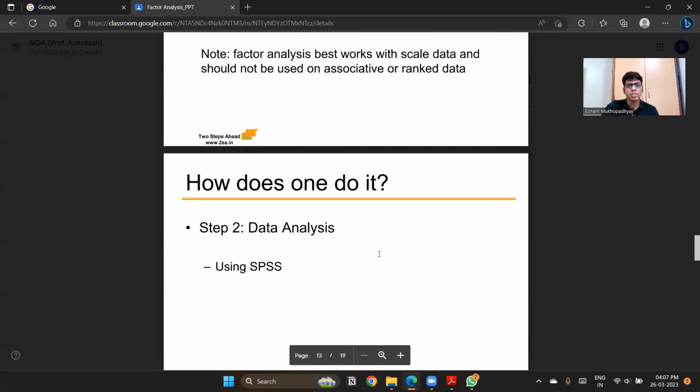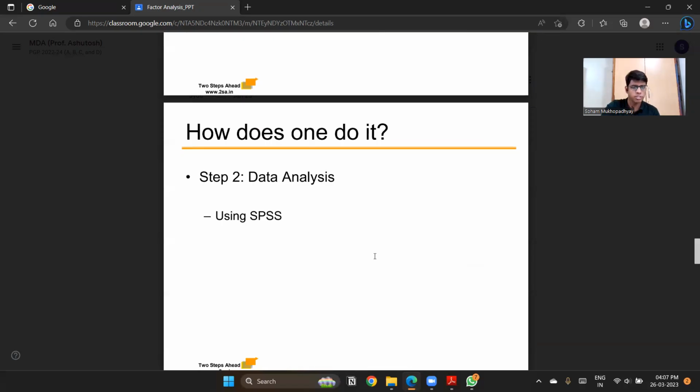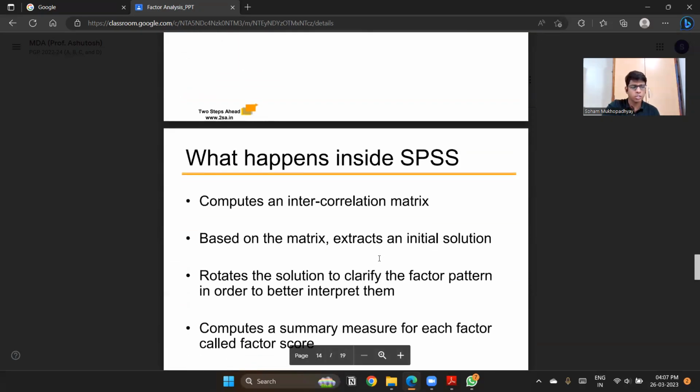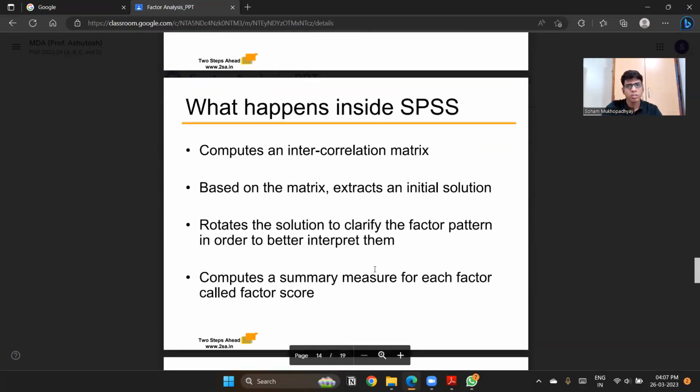And once you have captured that data, then you run it through SPSS. And in SPSS, you can do 3 things. Firstly, an intercorrelation matrix will be made, where you will have all the variables plotted on one side and all the factors plotted on the other side. Based on the matrix and figuring out the correlation, we'll get into the details of this as we go on.